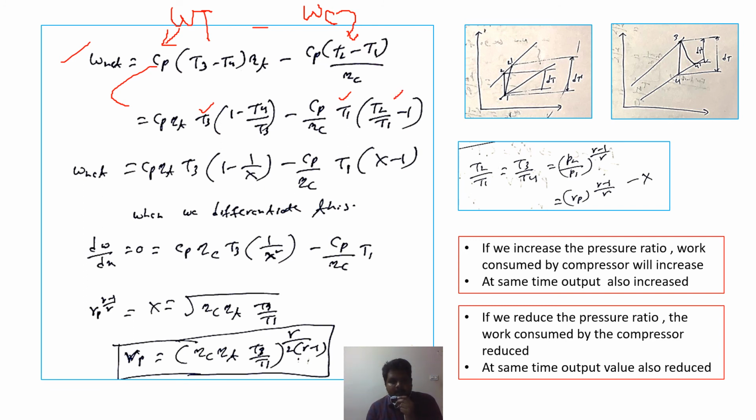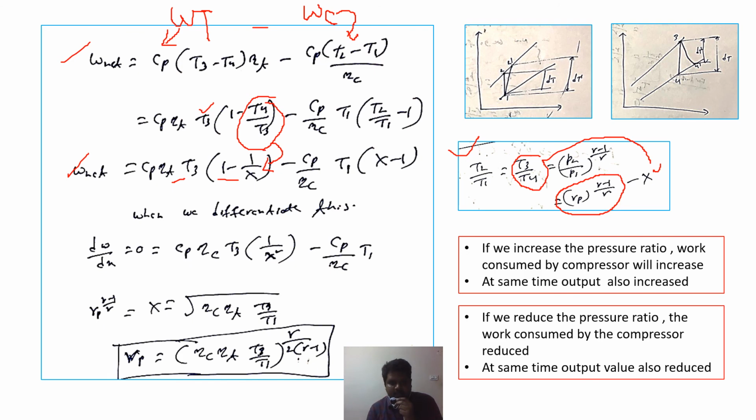Okay. This again we can write it as net work done equals to Cp efficiency of the turbine into T3, 1 minus, here instead of T4 by T3 I have written 1 by x, because if we take this portion as x, T4 by T3 will be 1 by x.